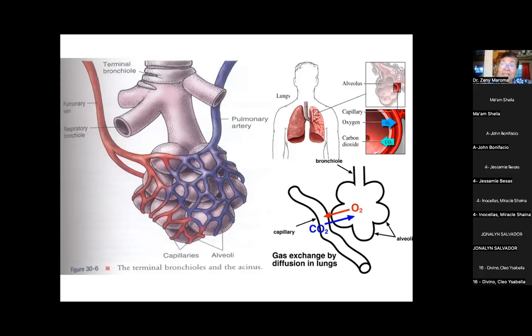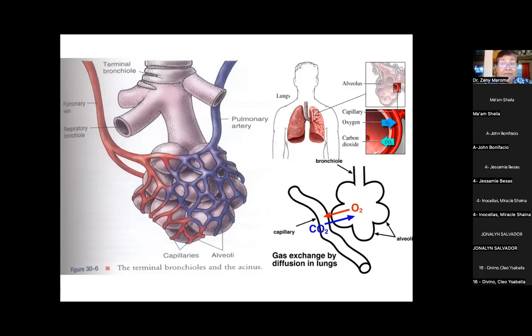Okay, di ba sabi natin, the blood vessels must be patent, must be elastic. Anong pwedeng bumara dito sa pulmonary artery? Diba? Pwedeng magkaroon ng pulmonary embolism. It could be a dislodged blood clot na galing sa lower extremities.